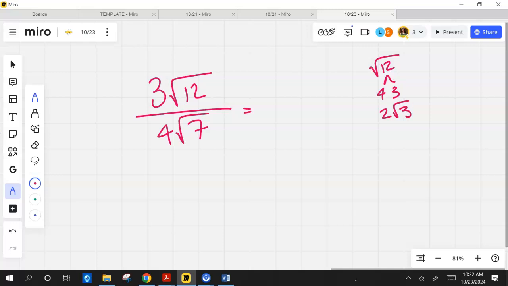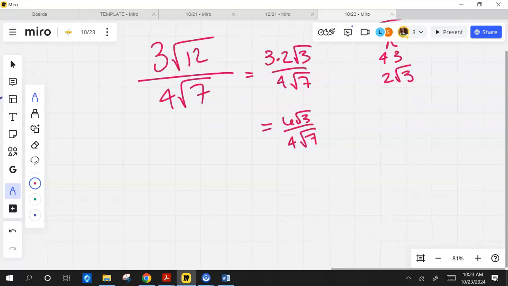So technically I could change this to 3 times 2 times the square root of 3, which is 6 root 3 over 4 root 7. And then I could even simplify 6 and 4 a little bit, right? 3 root 3 over 2 root 7. But you just go, well, wait, there's not really anything else I can do.